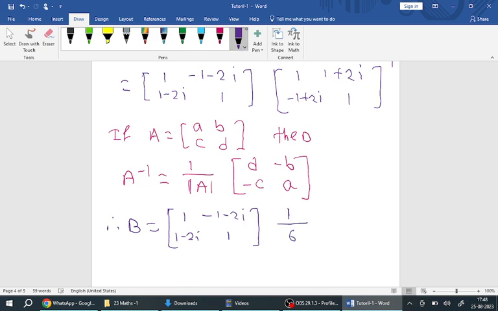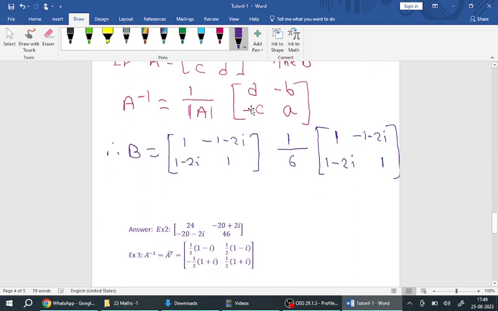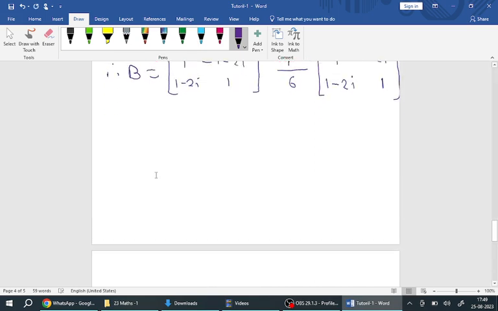This is the value of the determinant, and now we change the diagonal elements, but if we change the diagonal elements, 1 1 becomes 1 1 only here. Non-diagonal elements change with opposite sign, so minus 1 minus 2i and 1 minus 2i, and that is the end of the inverse. So what is the matrix B we got? Matrix B we get by multiplication now.